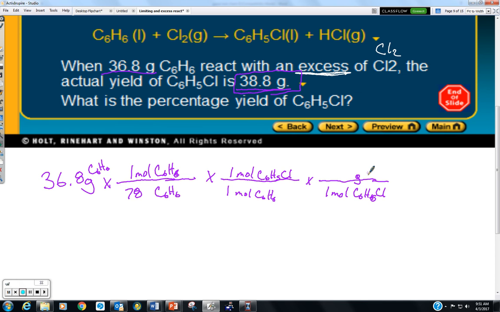So I need to know the molar mass of chlorobenzene. And then that'll give me my answer. So this is the theoretical yield at this point.